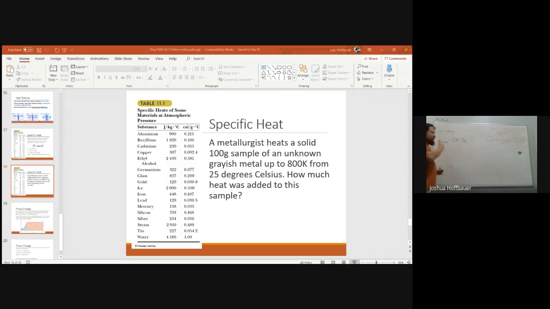That silver began at an initial temperature of 25 degrees Celsius, and the metallurgist is going to heat it up to a final temperature of 800 Kelvin. So the question is, how much thermal energy does this feat take? How much thermal energy needs to be added to something to make this happen?